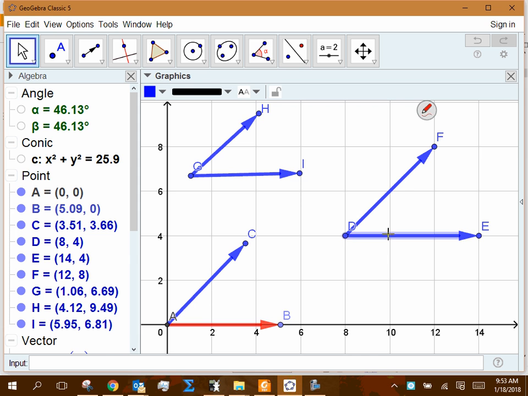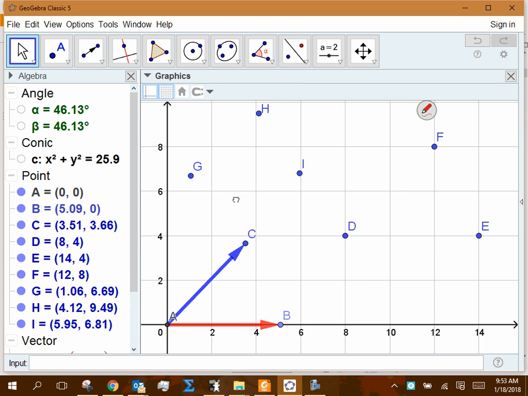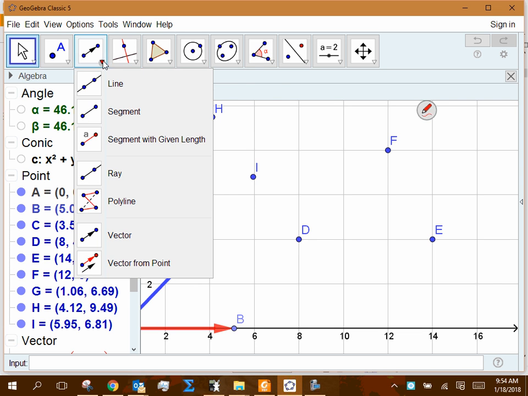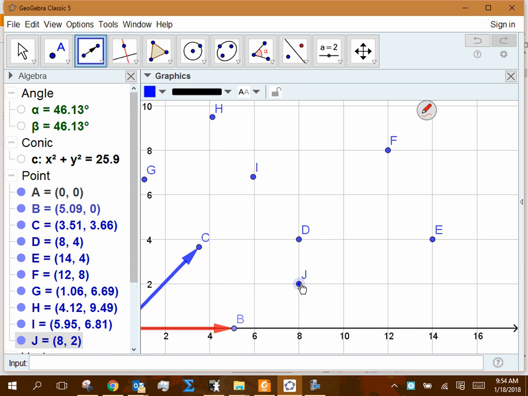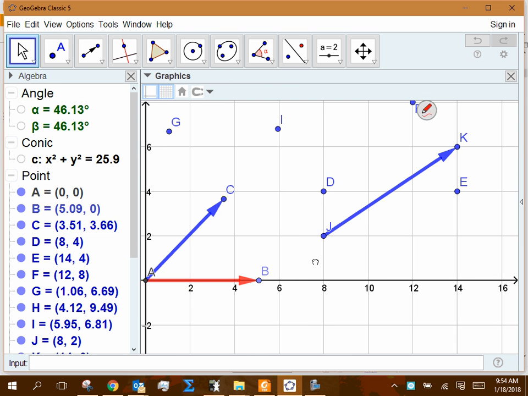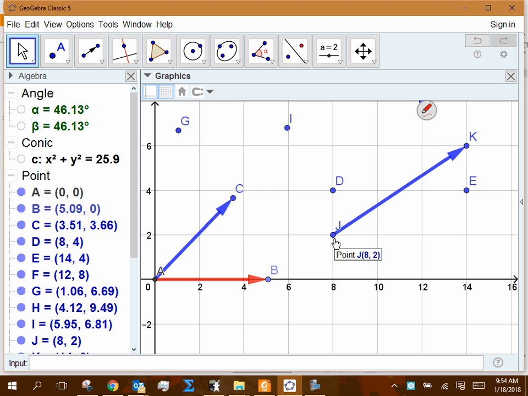And that's called standard position, because it makes the algebra, it makes a lot of the things we would like to do a lot easier if this is the positive x-axis and that is the vertex. You guys remember, you talked about vectors in physics, right? If I have that vector in physics, it's kind of a pain to deal with it at a starting point of 8, 2, right?